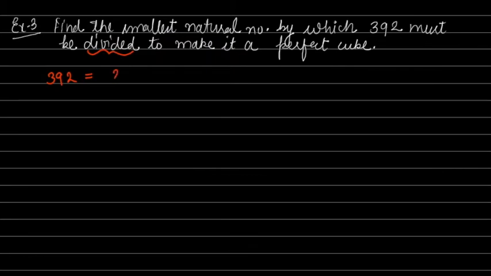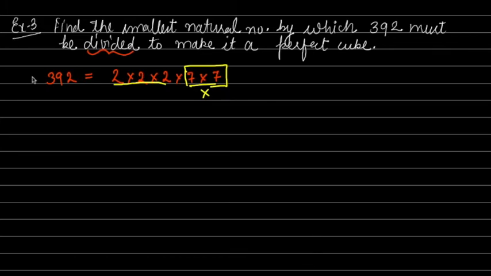So let's write the factors as 2 into 2 into 2 and then 7 into 7. If you see carefully, I am getting a triplet of 2, but this is not forming. It means this 7 into 7 is extra. It means I have to divide 392 by 7 into 7 to make it a perfect cube number.